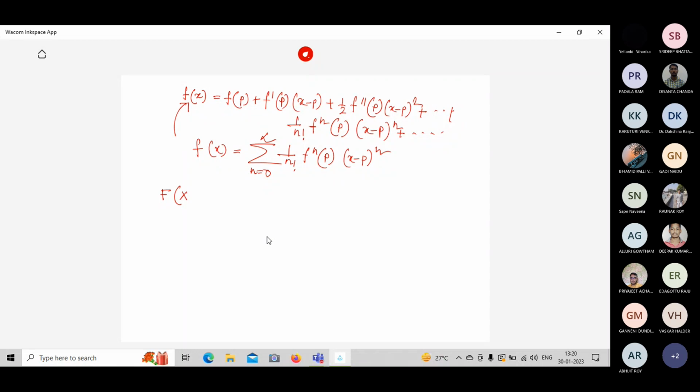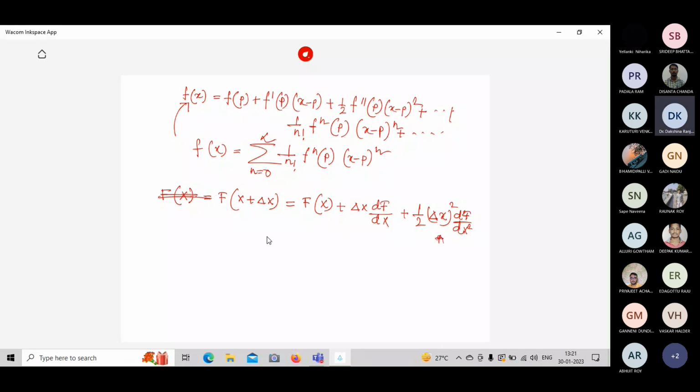Okay. Now, if we write the univariate function, let's say we are writing f(x plus delta x). Okay, we can write f(x) plus delta x df by dx, plus half of delta x squared d2f by dx squared.